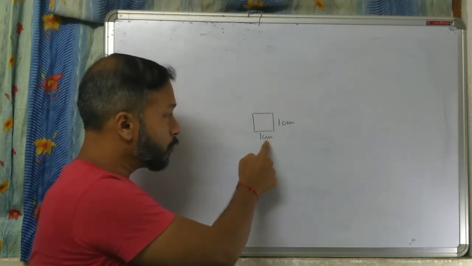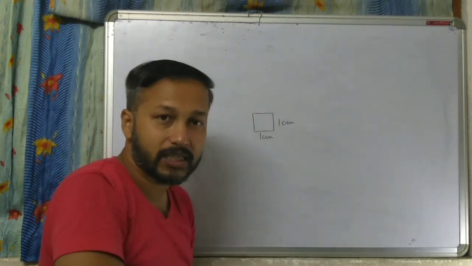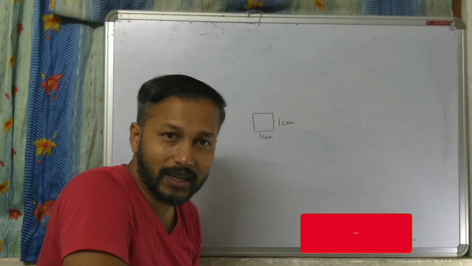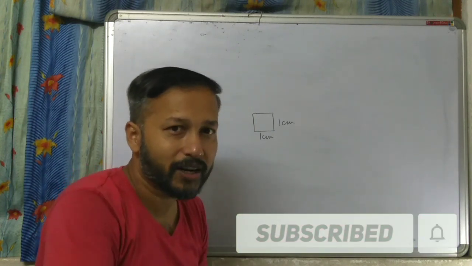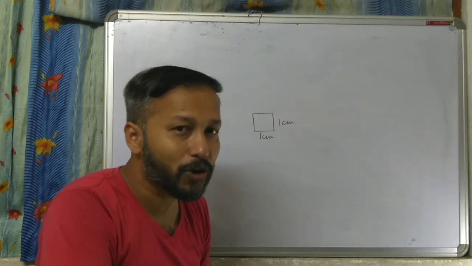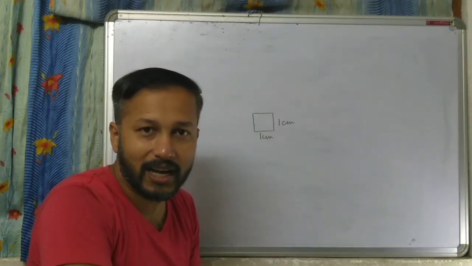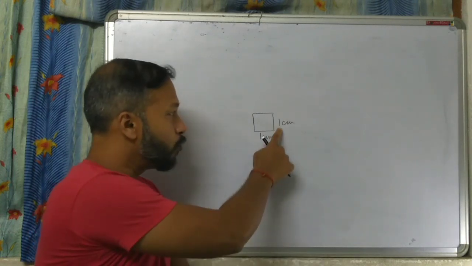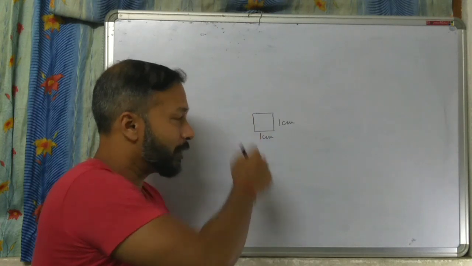Now you have to apply force on this. How much force you are applying here? That is called pressure. Why is this called pressure? Because you are applying the force on a unit area. That's why I have taken 1. 1 means unit. Unit area.